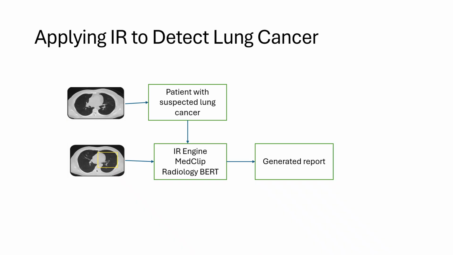This system retrieves similar annotated scans and related medical information to help generate a diagnostic report. This approach assists radiologists in detecting lung cancer faster and ensures more consistent and evidence-based reporting.